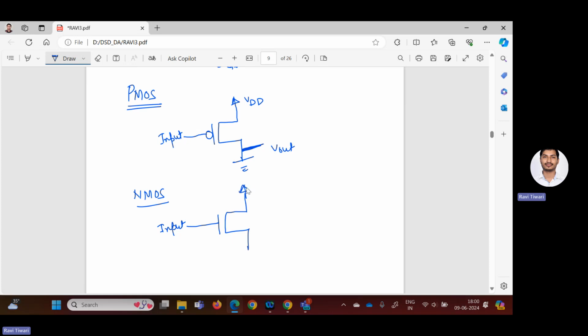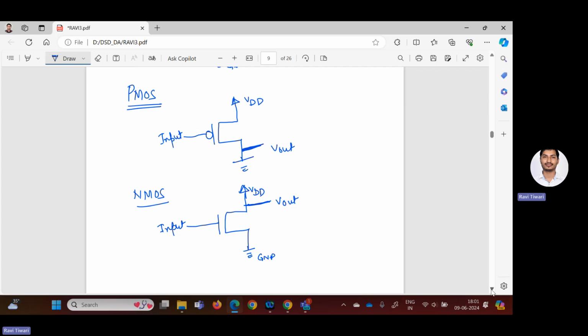This is the VDD. And at the bottom, we have to connect to the ground. The important point to note is what? We have to take the output near to VDD in case of NMOS, and in PMOS, we have to take the output near to ground.